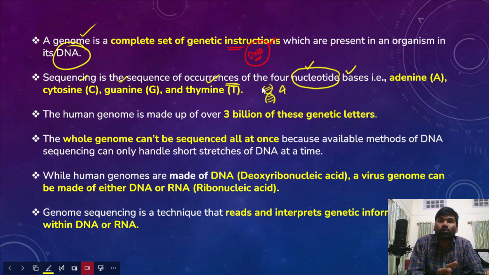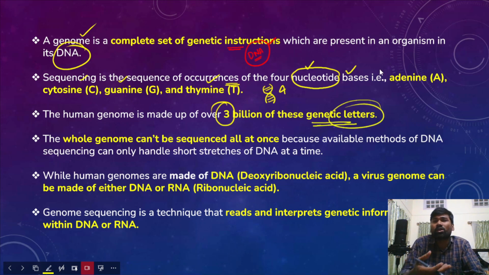So genome sequencing involves the sequence of occurrences. The human genome is made up of around 3 billion of these genetic letters, that is adenine, cytosine, guanine and thymine.